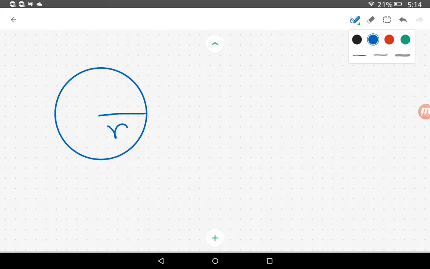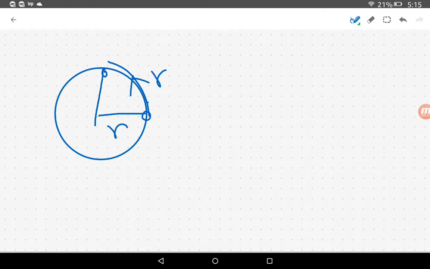If I travel r distance along the arc, then what will happen? Suppose I started from this point and am walking in this direction. After walking r distance along the arc, I have reached here. If I join this point with the center, an angle is produced at the center of the circle.